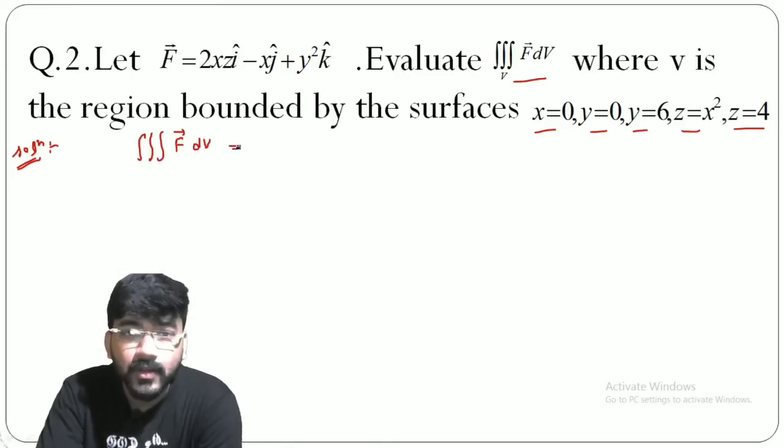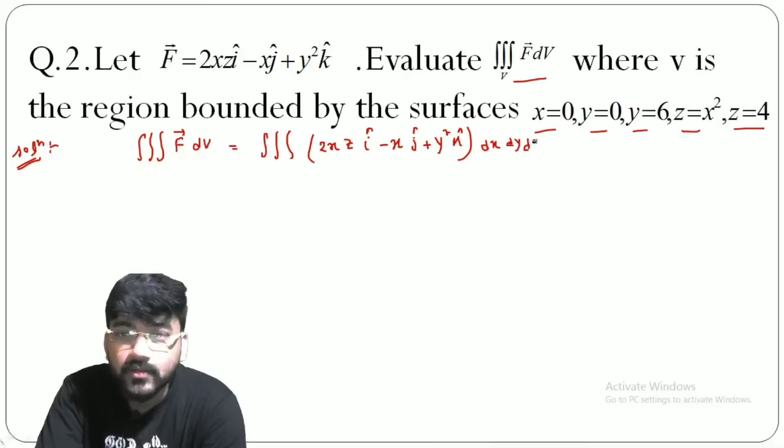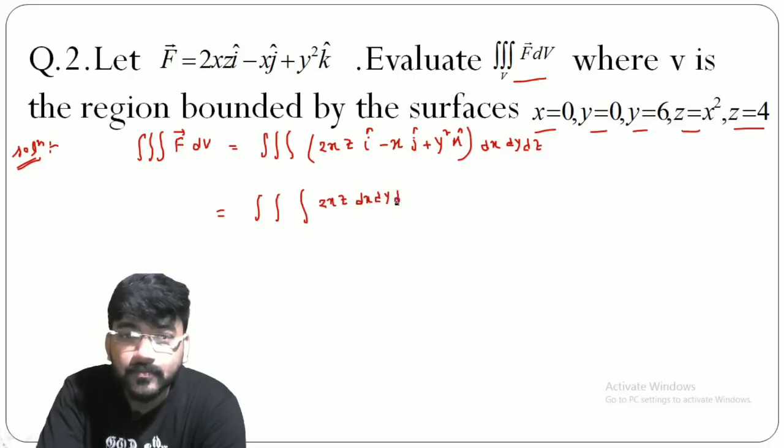Here we have to put f as 2xz i cap minus x j cap plus y square k cap, and dV is just dx dy dz. So we have to integrate component wise. For the coefficient of i cap, we have the volume integration of 2xz dx dy dz into i cap.